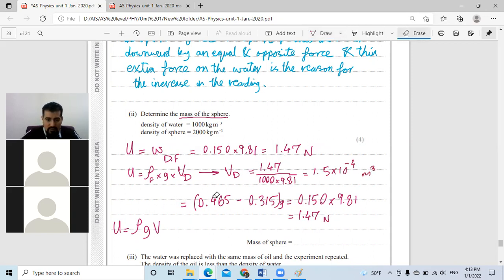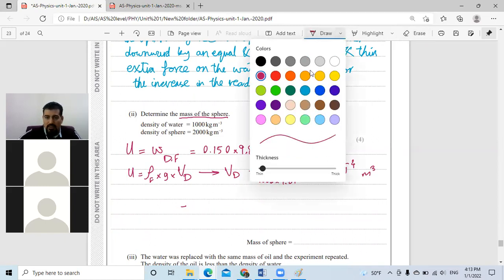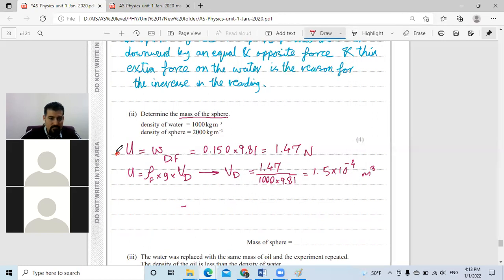Then, we know that the density of the sphere equals mass divided by volume.